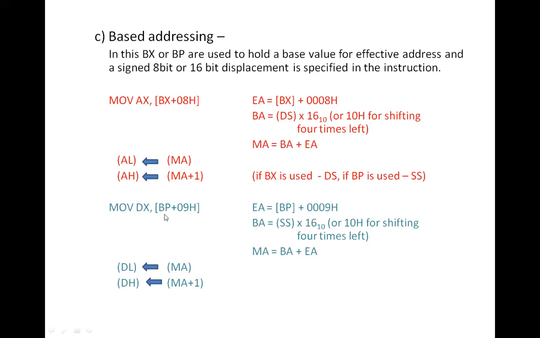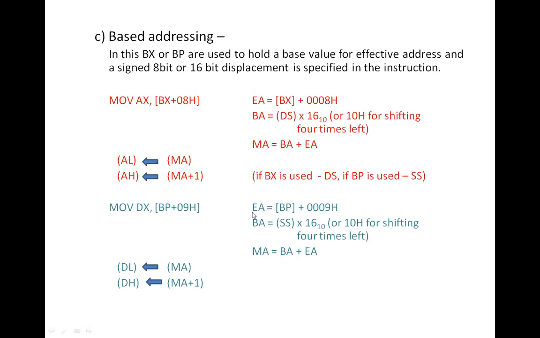What will it do? BP will have its own 16-bit number. It is added with 0009, and then the base address will be considered not from the data segment but from the stack segment, because it is defined previously that BX is meant for the data segment and BP is meant for the stack segment.